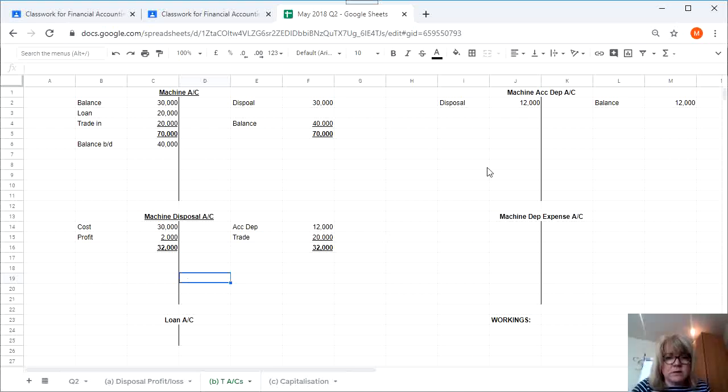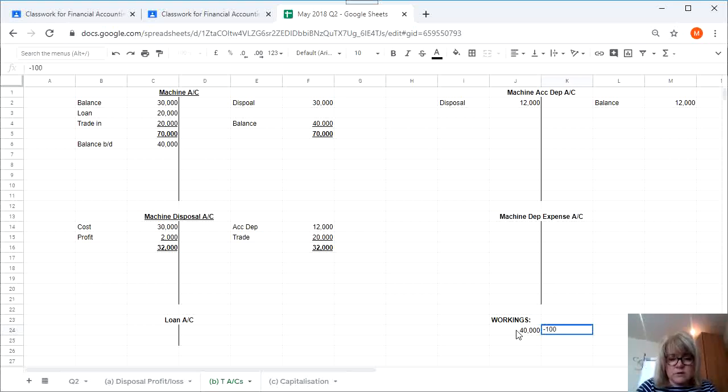And just to go back to my depreciation, the depreciation for the disposed vehicle is dealt with, it's closed out, and there's no depreciation on the year of disposal. And we're told then that the new machine is depreciated over a period of 5 years, so there's a residual value of 10,000.